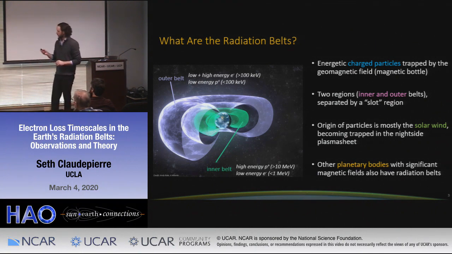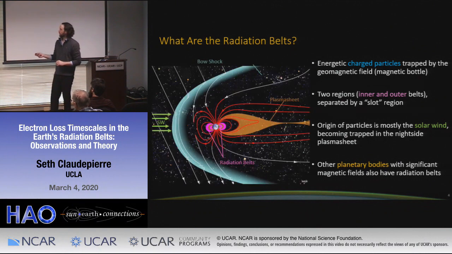So where do these particles come from? As many of you know, they ultimately come from the solar wind. The solar wind field lines convect over the polar cap and then reconnect on the night side magnetosphere, and those solar wind particles now become trapped on closed field lines, where they form the plasma sheet in the magnetotail.